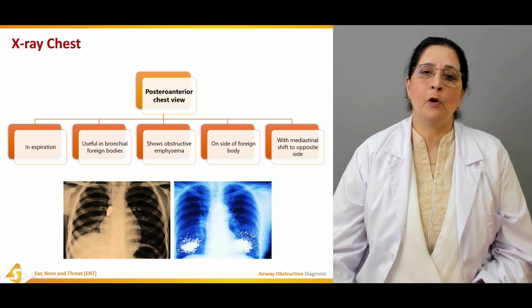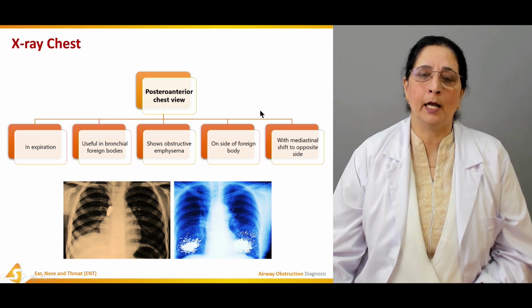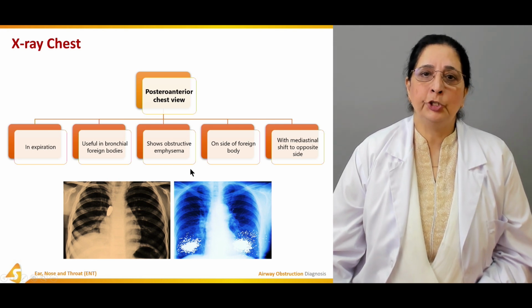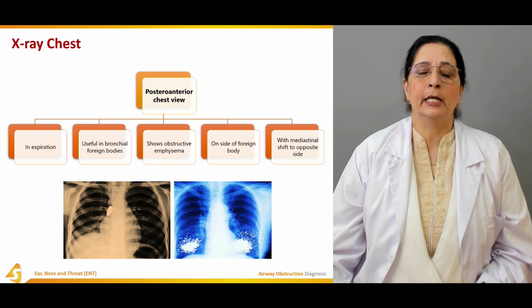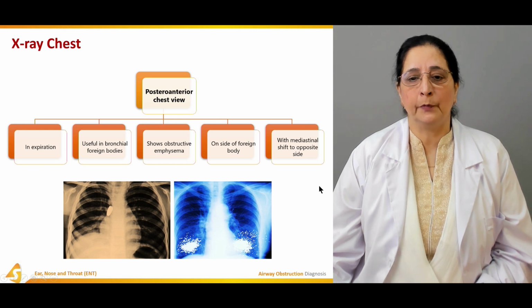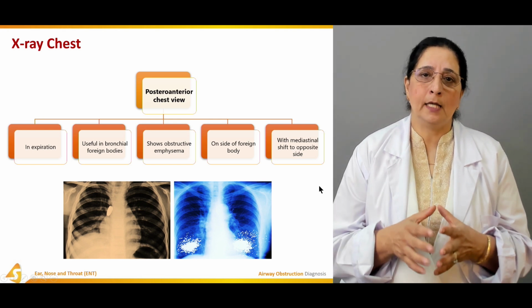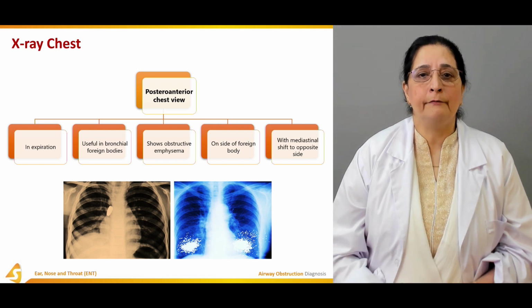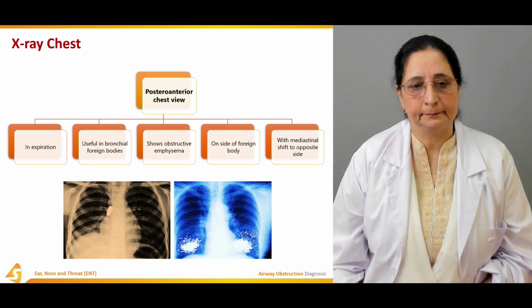So if the foreign body is in the bronchi, the PA view is effective. It can show the foreign body, it can show the presence of emphysema, shifting of the mediastinum to the opposite side. All these are present and we can see them on the PA view of the chest.